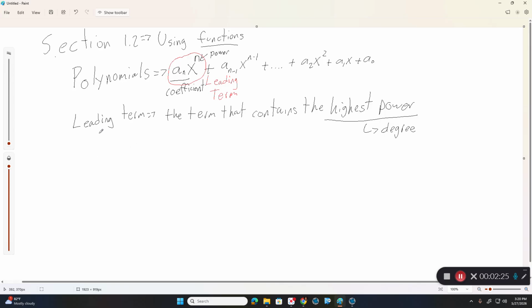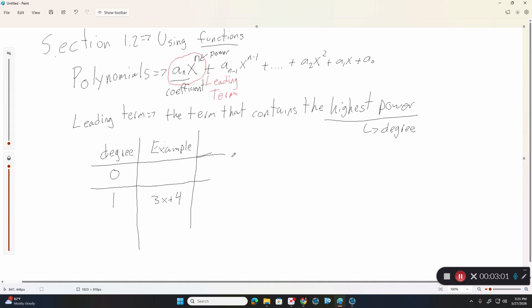Now, we get some names for these polynomials based on their degree. So if we go a degree 1 polynomial, for example, here is an example, just writing out one. So 3x plus 4. See, we have the leading term, 3x, whose highest degree is 1. Notice we omit the 1.